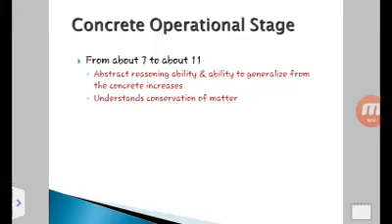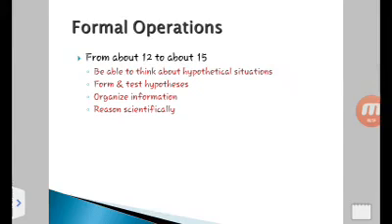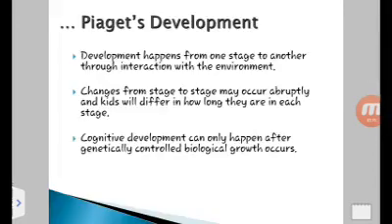And in the last part, the formal operational stage, it's from 12 to 15 years old. These children can think about hypothetical situations. They can form hypotheses, organize information, and reason scientifically. So these are the 4 stages of development.